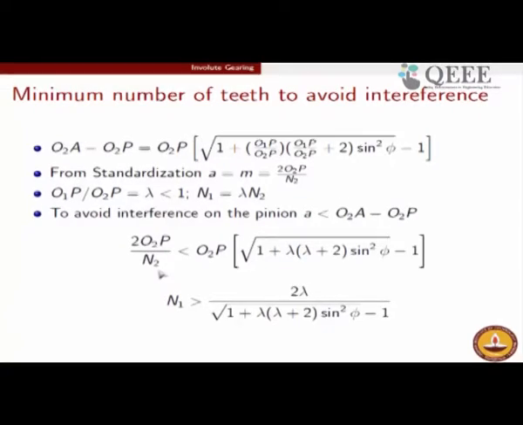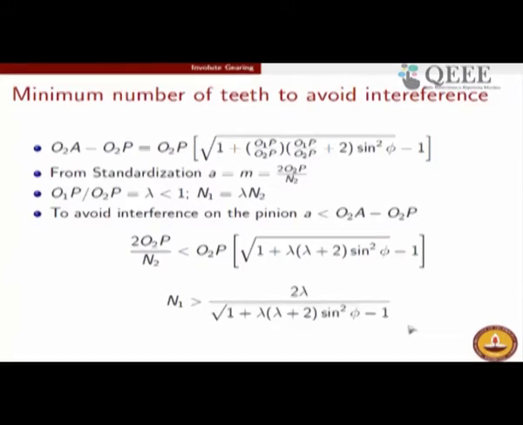Finally, we get N2 to be greater than a certain number, and then N1, the number of teeth on the pinion, will be given by lambda times that, and that works out to be this formula. So, what we have found is that the pinion must have a minimum number of teeth, and if it has this minimum number, then you are sure that interference can be avoided. This arises not from strength considerations, but from kinematic considerations.